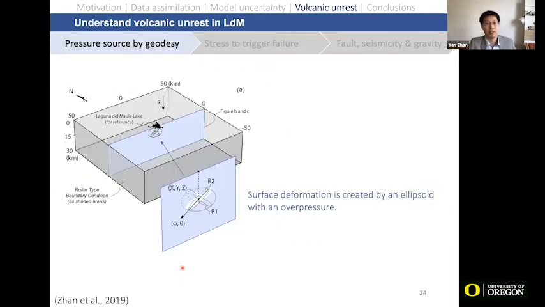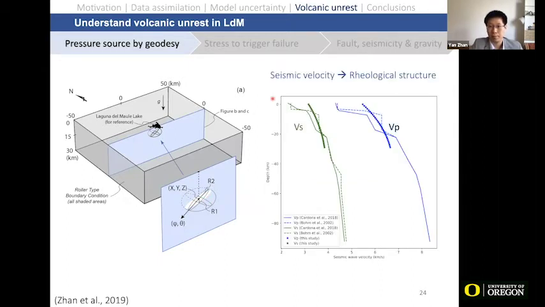So first, this is the model we use to model surface deformation. We model the surface deformation in Laguna de Mole by this ellipsoid pressurized void. It can tilt in three dimensions in space. Since we already know the rheological structure is important, we use the seismic velocity profile in this region to constrain the rheological structure.